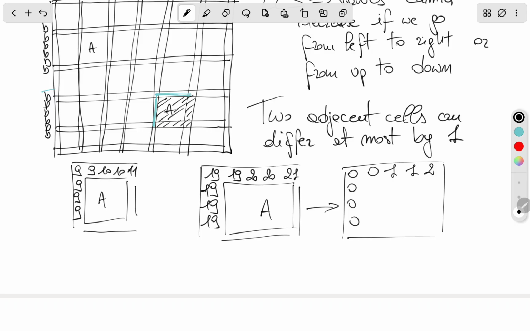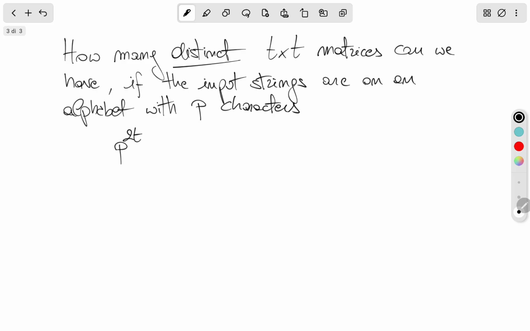At maximum every value can go from 0 to T. So how many? Even an upper bound is fine, a trivial upper bound is fine. T to the T, something like that.